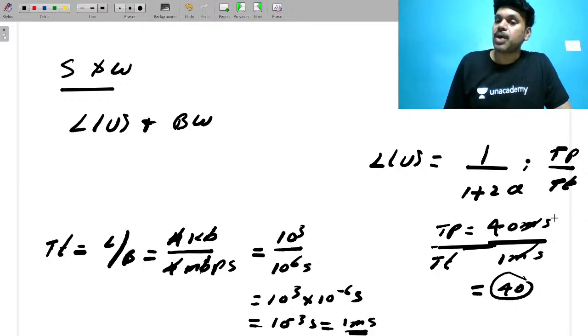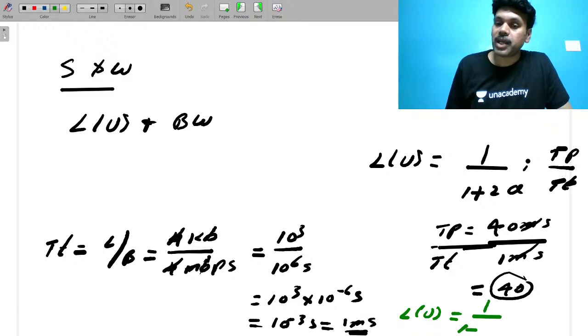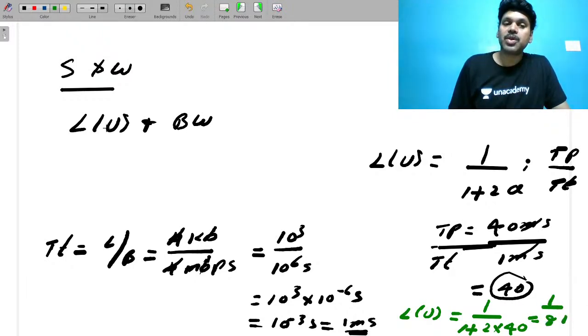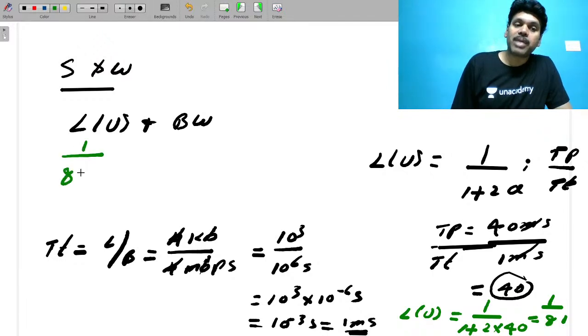So now I want to plug into 1 by 1 plus 2a. a value is 40. Therefore, your link efficiency is nothing but 1 by 1 plus 2 into 40, which is 1 plus 80, 1 by 81. So you got your answer. 1 by 81 into your bandwidth.